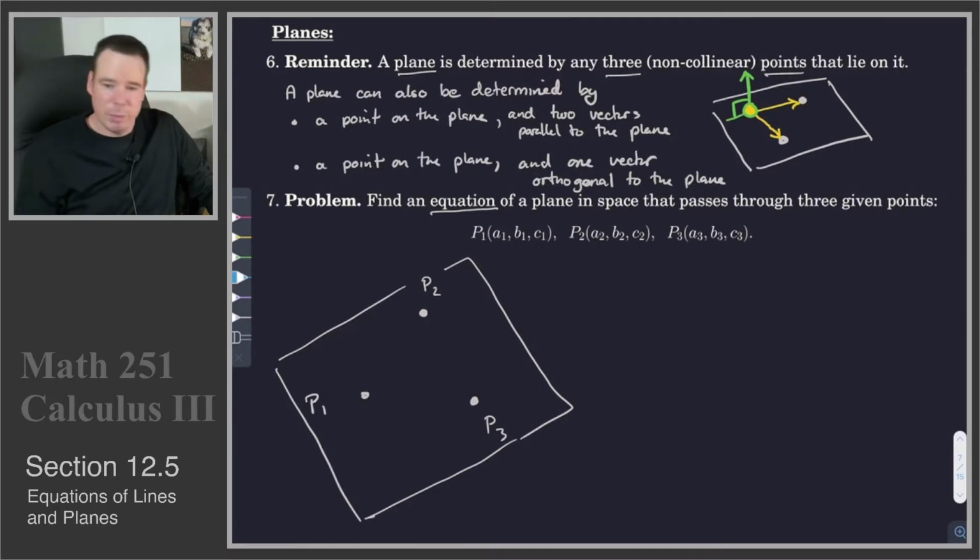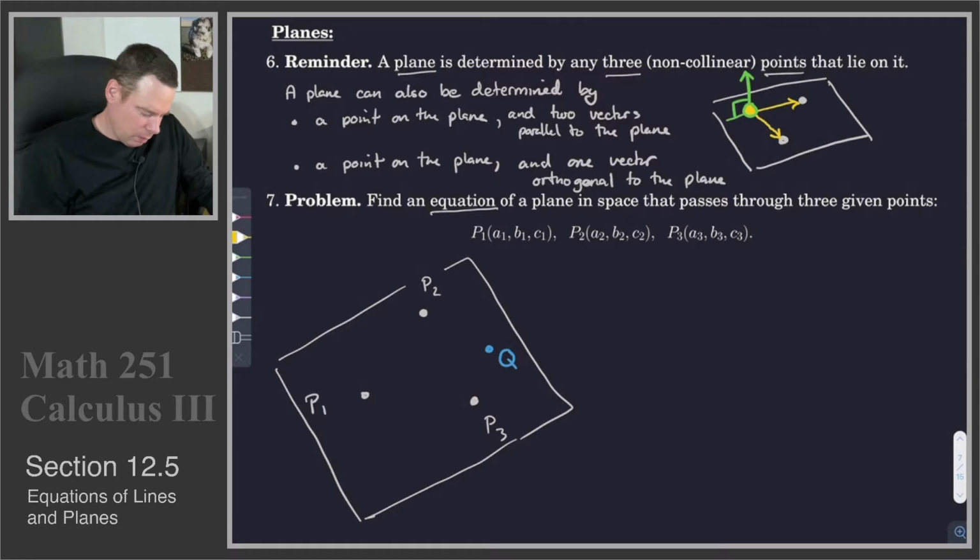What does it mean to come up with an equation for the plane? It means that I'd like to come up with an equation so that for any point Q in space, Q satisfies that equation precisely when it is a point on the plane. So I'd like to come up with an equation that Q has to satisfy to guarantee it's on the plane.